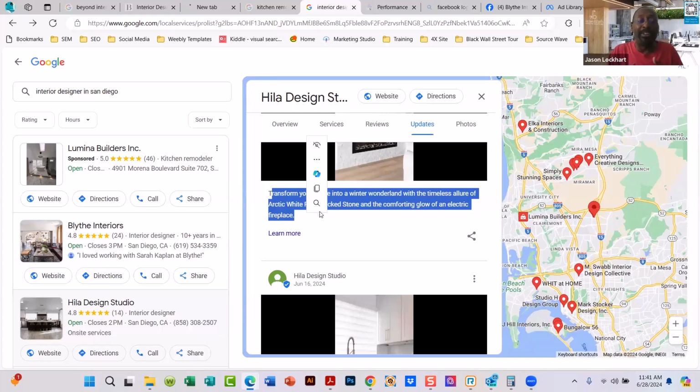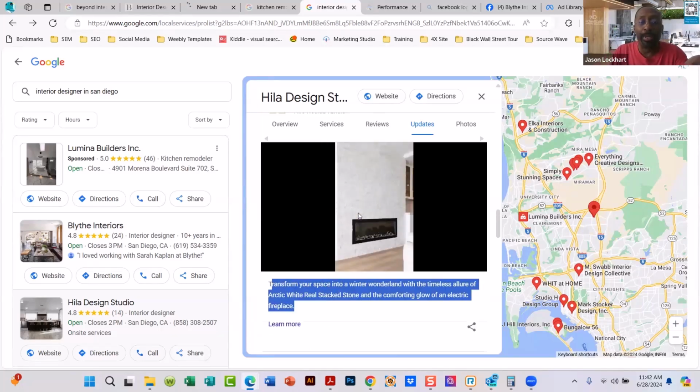So even though they post consistently, if you post 2 times a month, but you use the 1,500 characters to really explain the project, now you can be way better than them because you're more comprehensive in what you post, as opposed to just having something up there to have it up. And we don't know if they've actually optimized the images.